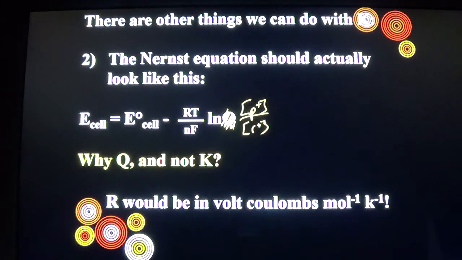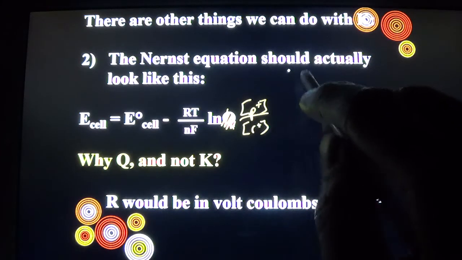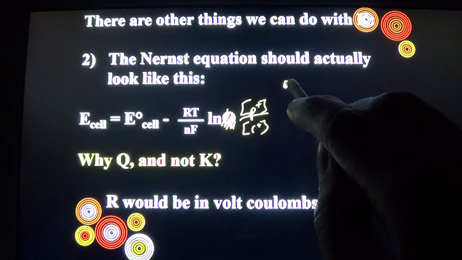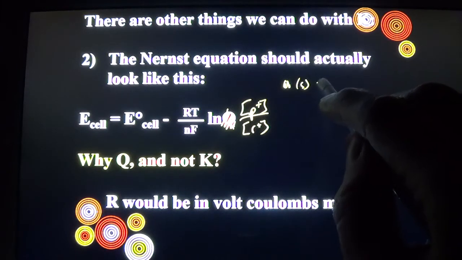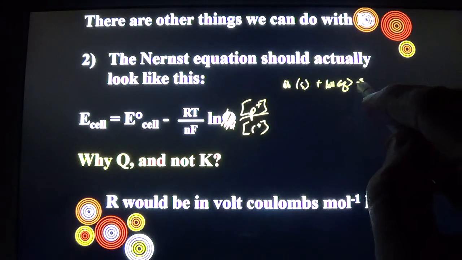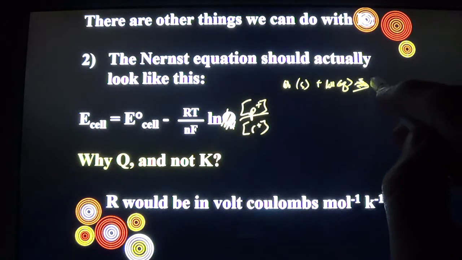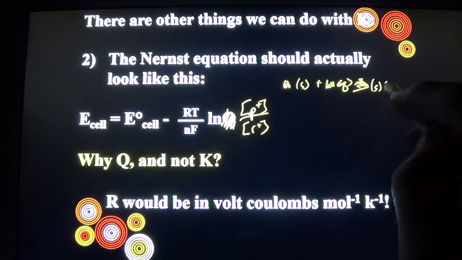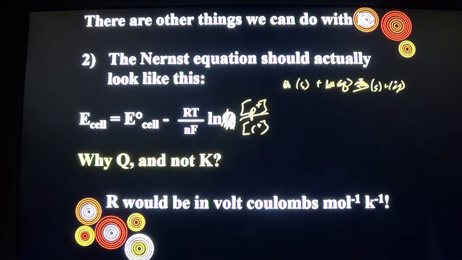Well, no, because what did our equations look like? There was something that was a solid added to something that was an ion, and, arrow, and then something that was a solid and something that was an ion. And what do we not put?